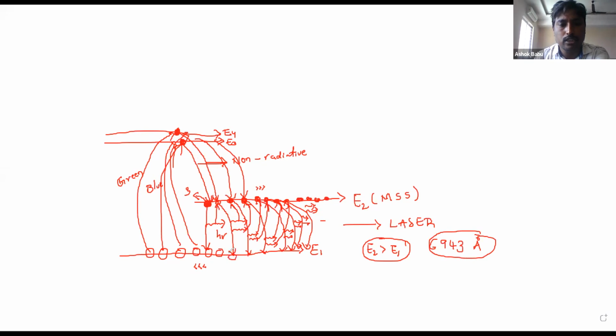By the pumping source, the chromium particles are sent to the higher energy state. After that, they de-excite to the metastable state by interacting with the crystal lattice and losing some energy. That's a non-radiative transition. After that, by stimulated or spontaneous emission, they de-excite to the ground state energy level.